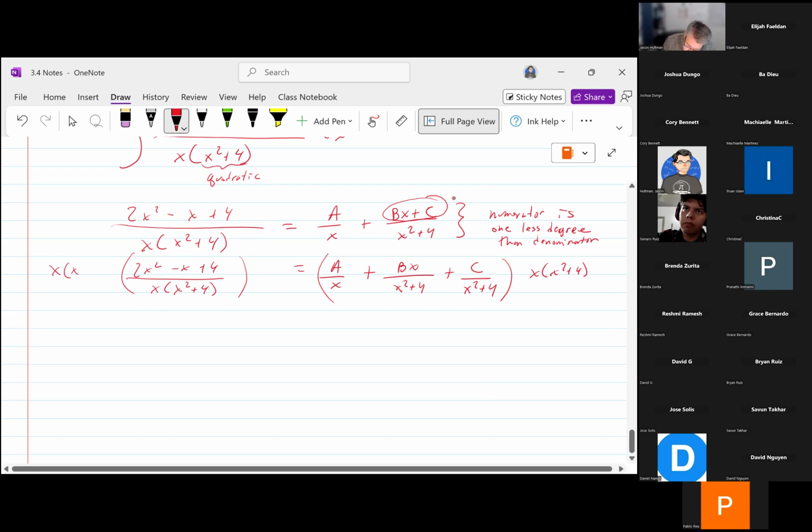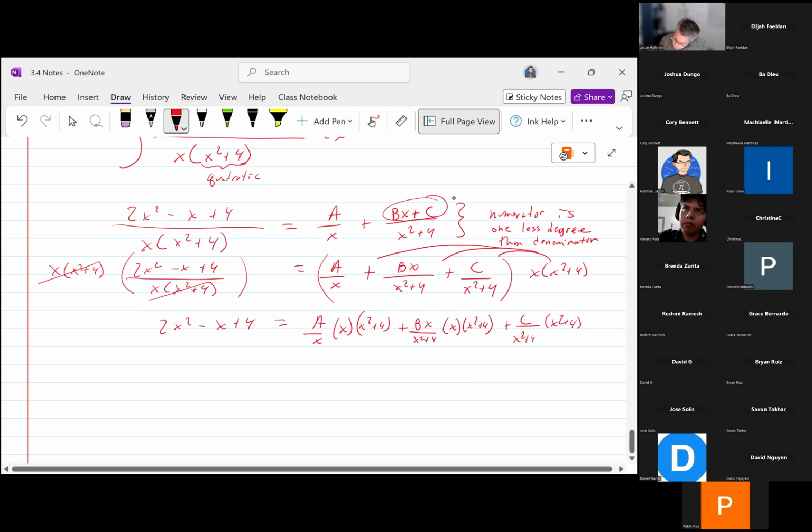So x times x squared plus 4. Okay, so cancel that guy. 2x squared minus x plus 4 is equal to, distribute, a over x times x squared plus 4 plus bx over x squared plus 4 times x squared plus 4 plus c over x squared plus 4 times x times x squared plus 4.